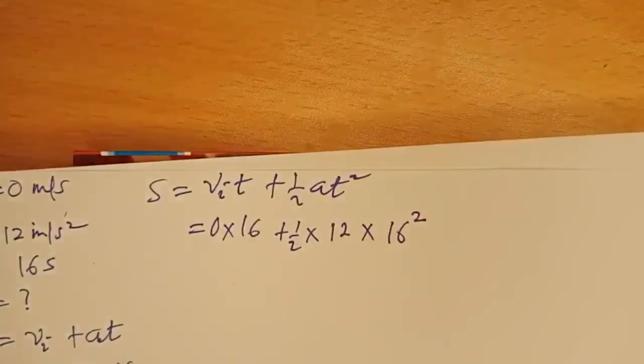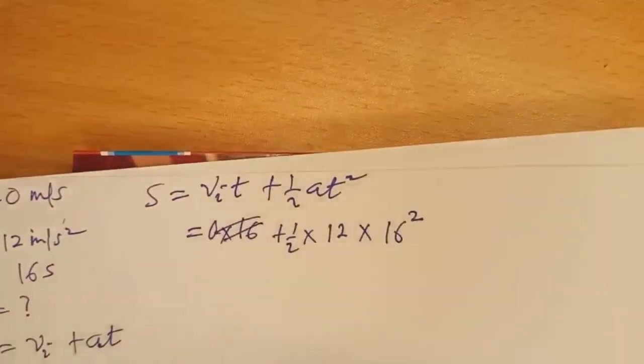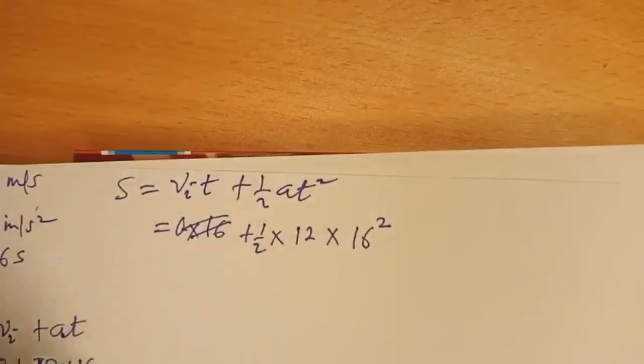Because this one is 0, 0 times 16 will vanish, and I have half, which is 0.5. So the rest, I take my calculator and say 0.5 times 12 times 16 squared, and this will give me 1536.